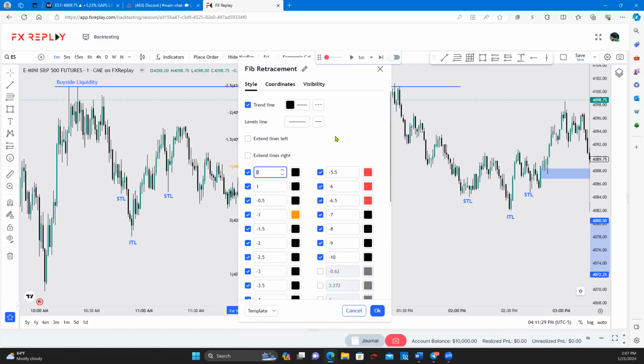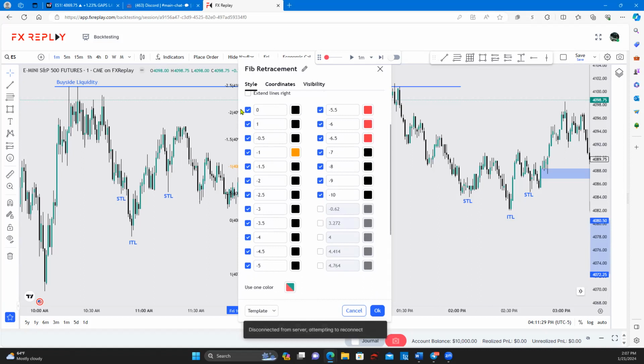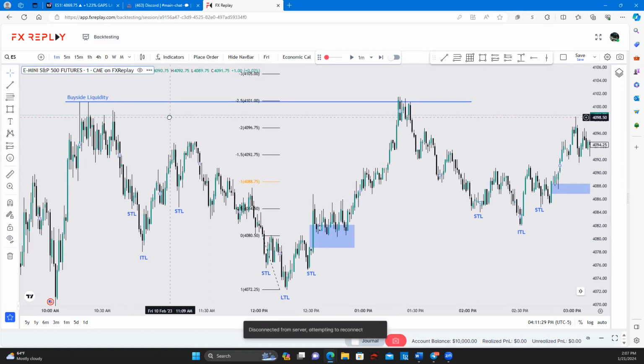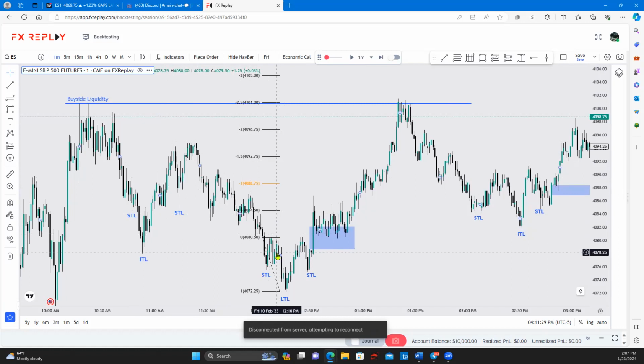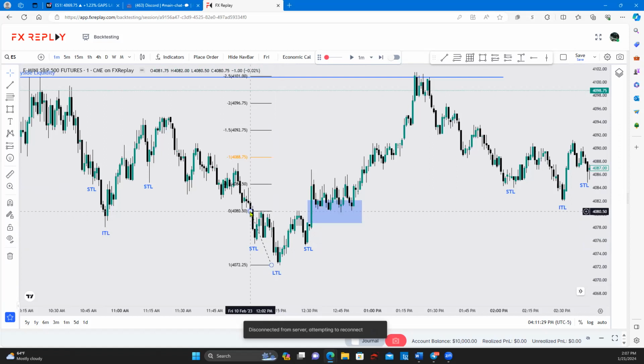And we'll look at the settings here. So these are the settings we use on the Fibonacci. From 0 to 1, negative 0.5, all the way through negative 10. So there's those. We can't use negative 1, so we need the next high above the buy side, right?